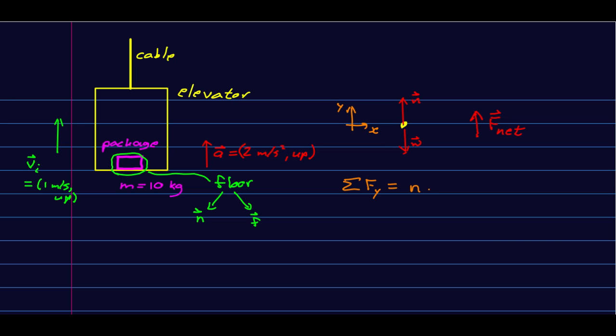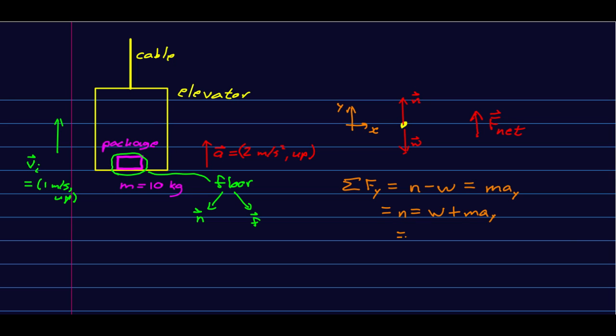We're going to have our normal and our weight, and that now equals ma, the y component of ma. And so our normal is apparently the weight plus ma.